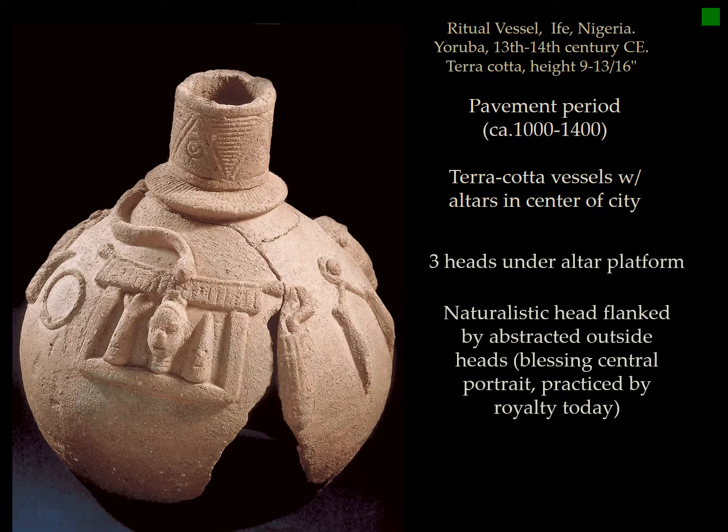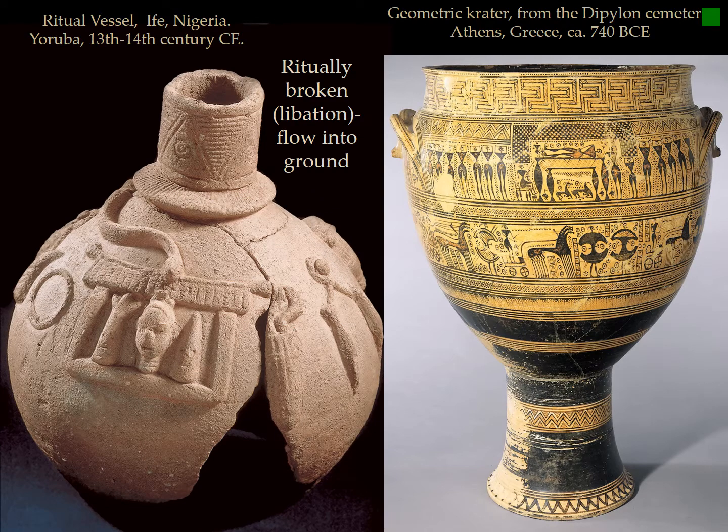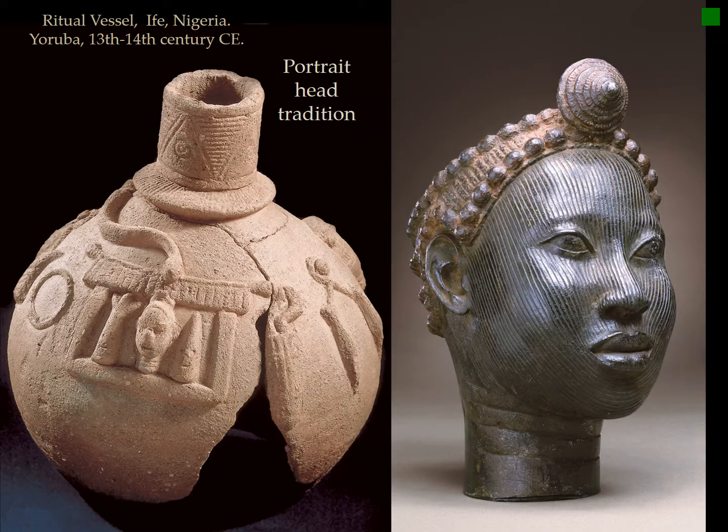The blessing is going to be central to this portrait that is still practiced by royalty today. You'll notice that the ritual vessel here is broken, for it would have contained ritualistic libations, and like the geometric crater from the Dipylon cemetery in ancient Greece, it would have allowed these alcoholic beverages or libations to flow into the ground to return to the earth, usually for a ritualistic purpose.